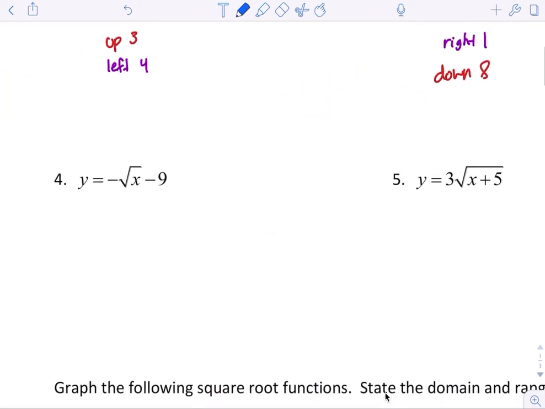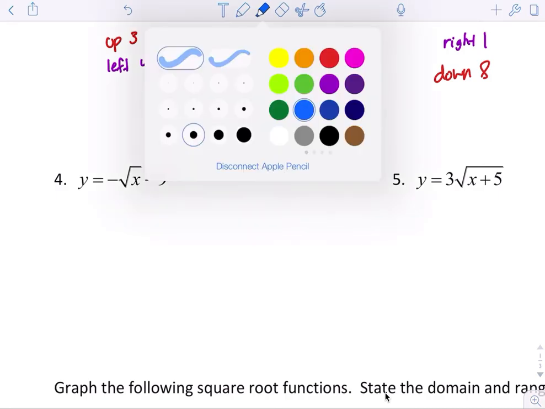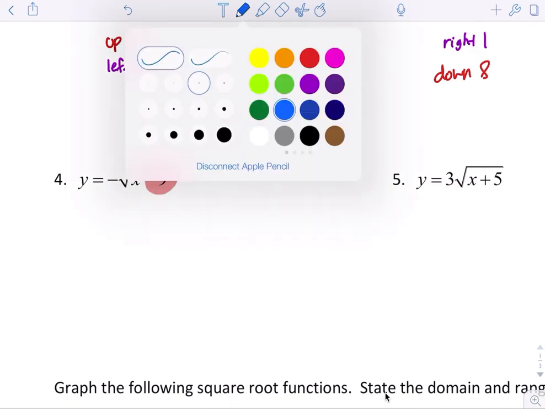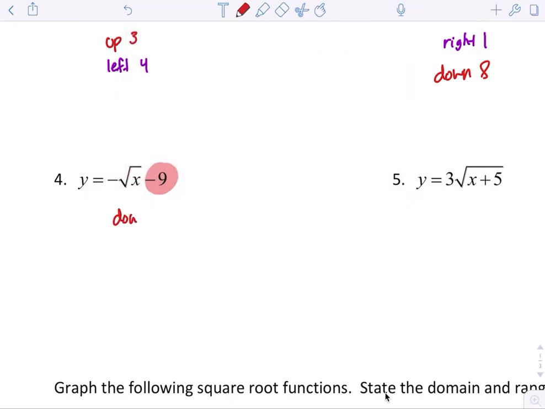Number 4. Negative 9 is down 9. And then this negative sign out here is a reflect across the x-axis.